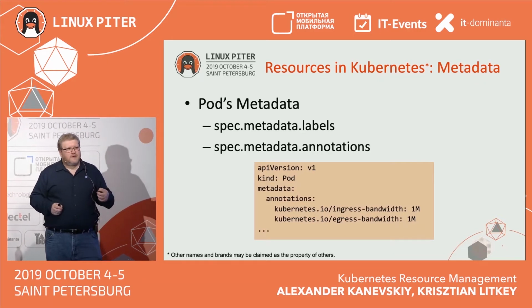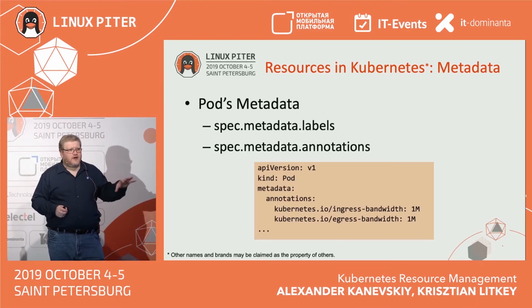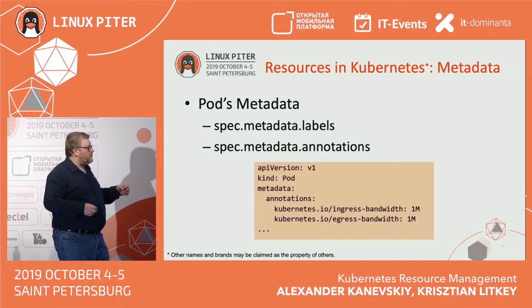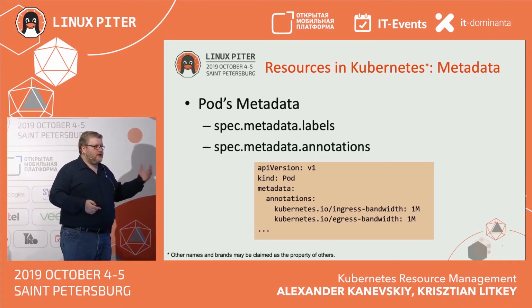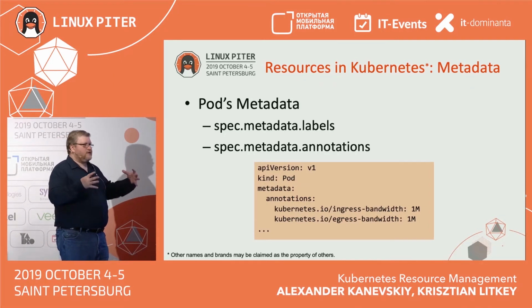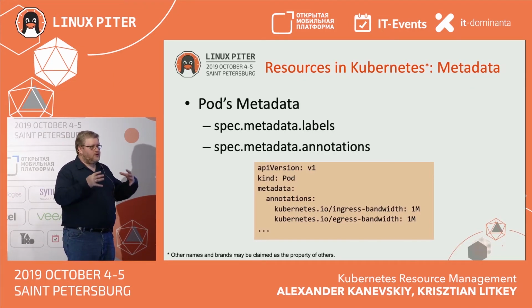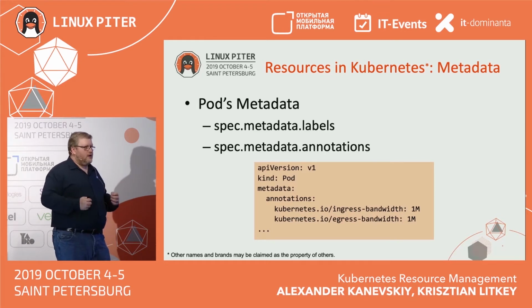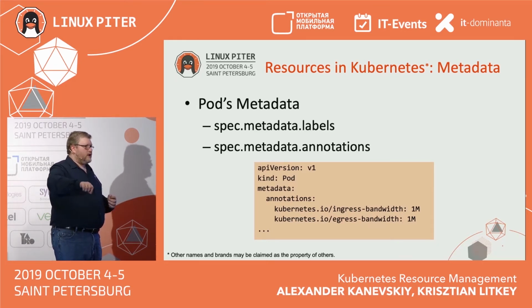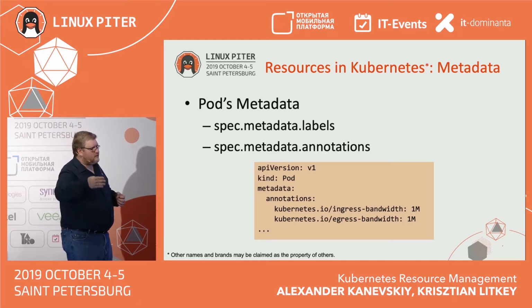Annotations are used in scenarios where you have a bit more complex thing, like in this example, network ingress egress limitation. You say this set of containers should be limited to 1 megabit of traffic, and you need to pass that information down to a CNI plugin which says, okay, well, we enforce this particular limit.